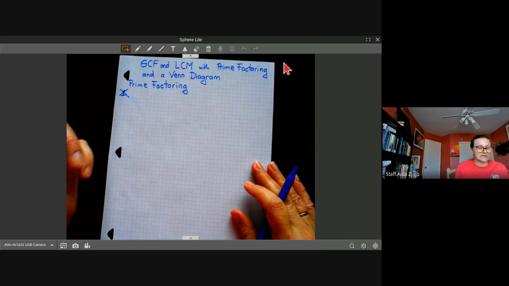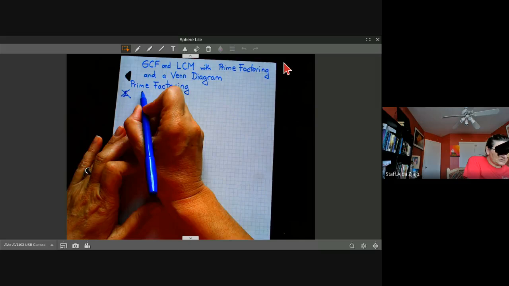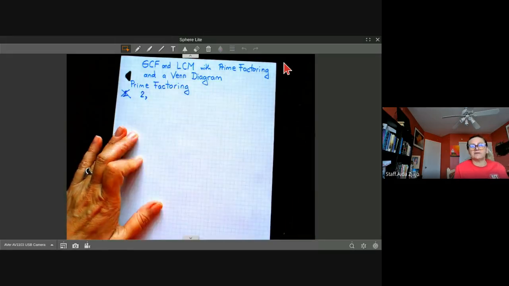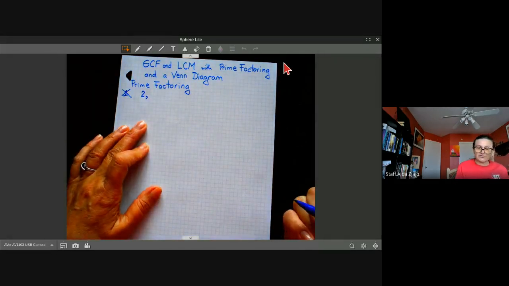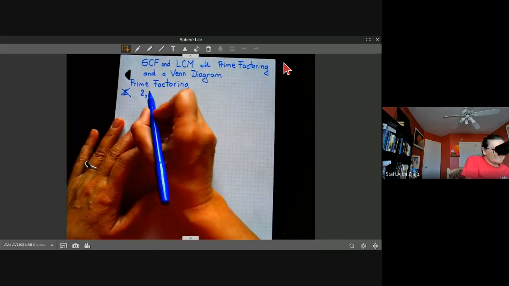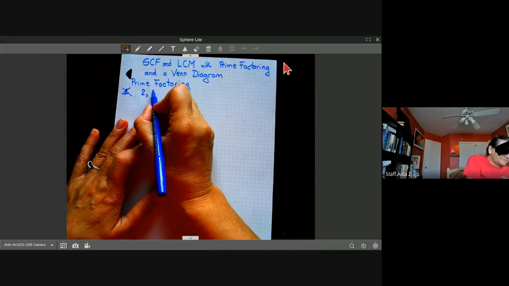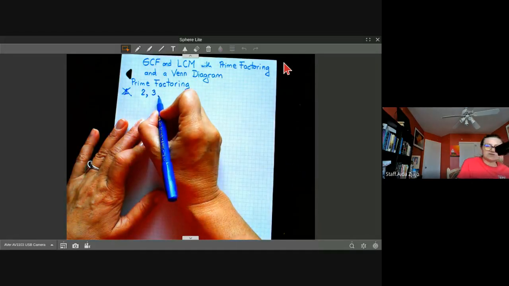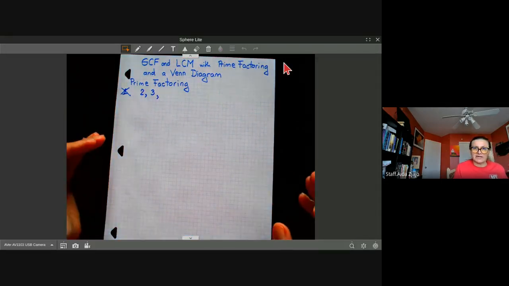But 2 is prime, because 1 times 2 is 2, and there is no other way to do that. If I try 3, is 3 prime or composite? Is there any other way to make 3? No, guys, it's only 1 times 3, or 1 times 2 is 2, and that's it.